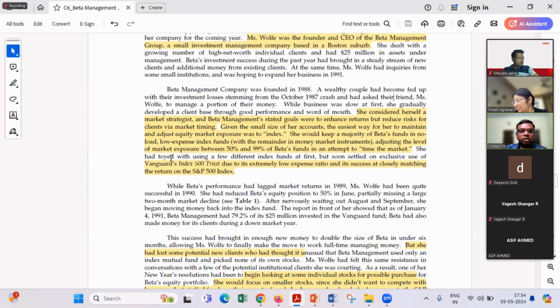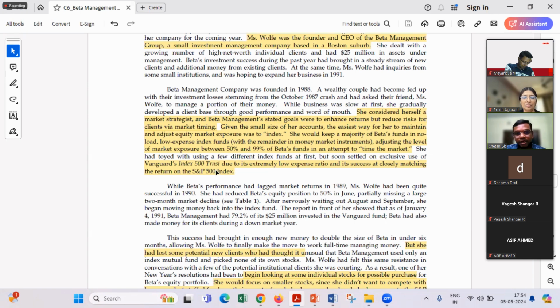Okay. So she had toyed with using a few different index funds at first, but soon settled on exclusive use of Vanguard Index 500 Trust due to its extremely low expense ratio and its success at closely matching the returns of the S&P 500 index. You can see S&P 500 is an index, same like Nifty. So they want to track this particular index.